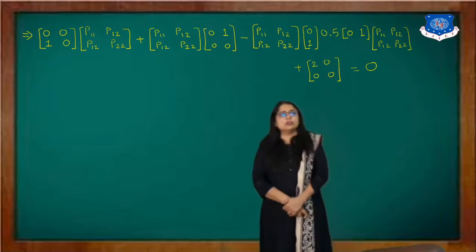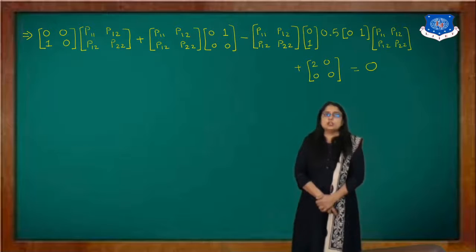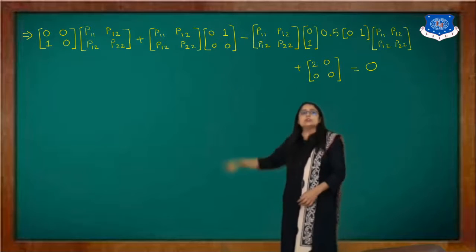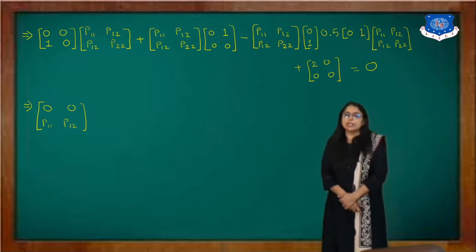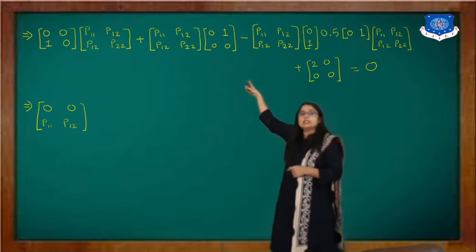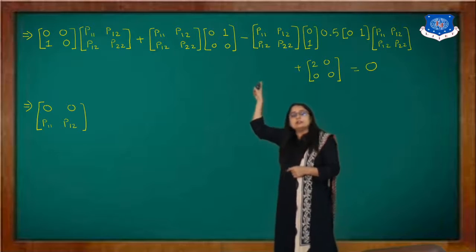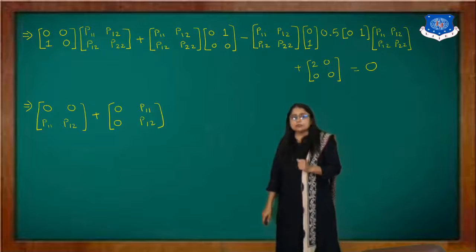Now here we have to multiply. First we will multiply this 2 by 2 matrix, with P11 and P12 as the rows and columns. If I multiply, then P11 with 0 and P12 with 0 gives 0, so the first element is 0.